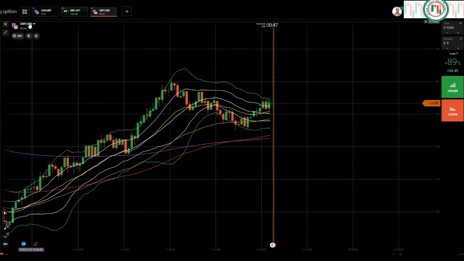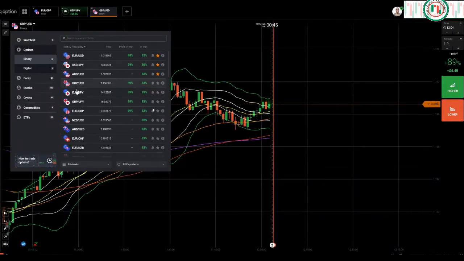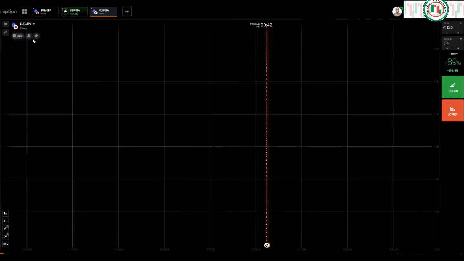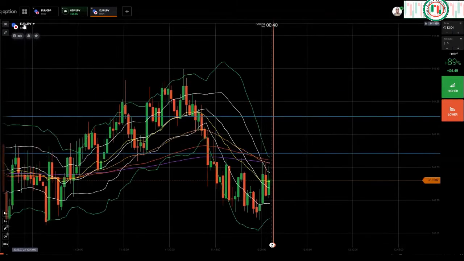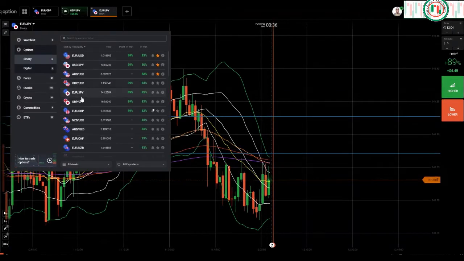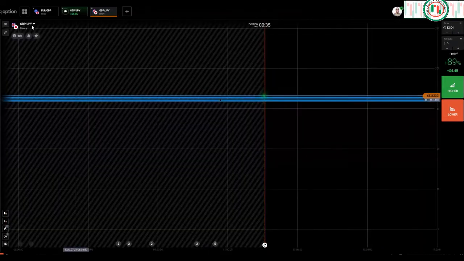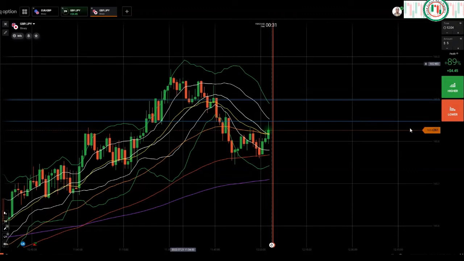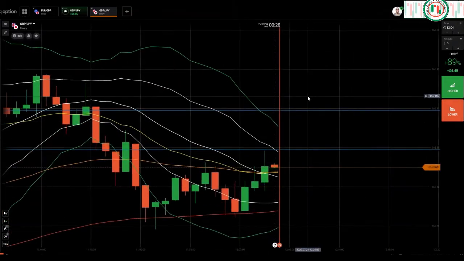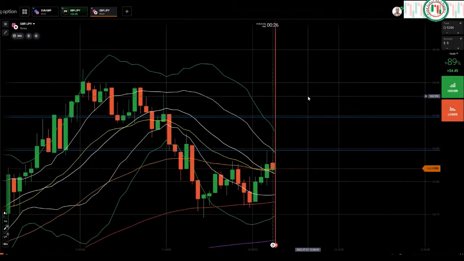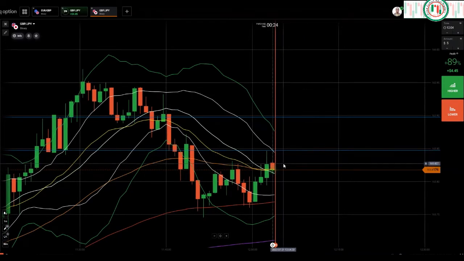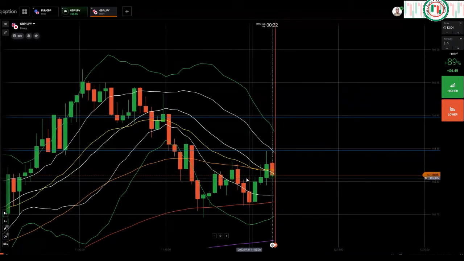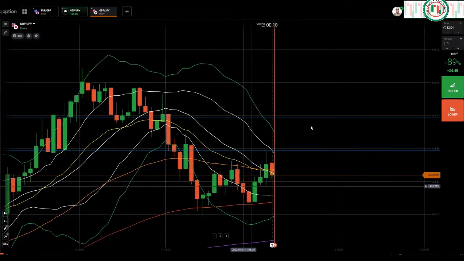So no strong trend. There is another strategy. I will talk about it later. That strategy is the continuation strategy. Even if you have gap, I will tell you how to trade that one.